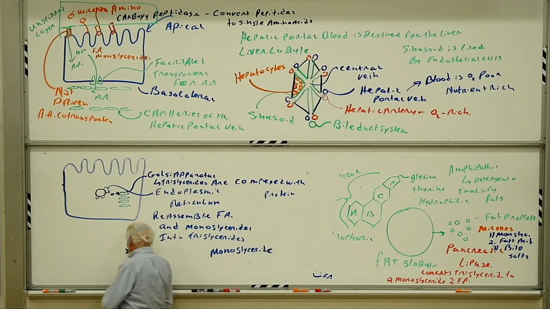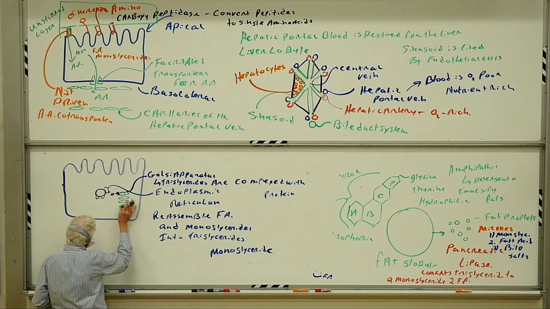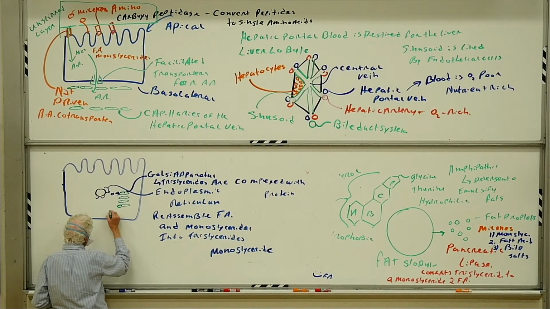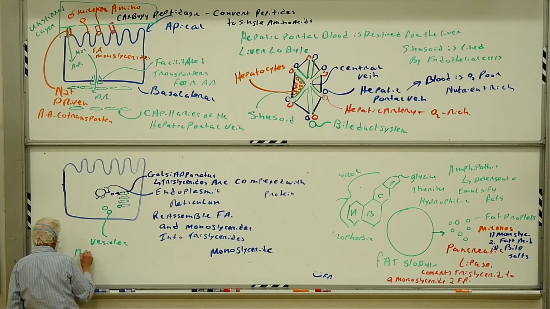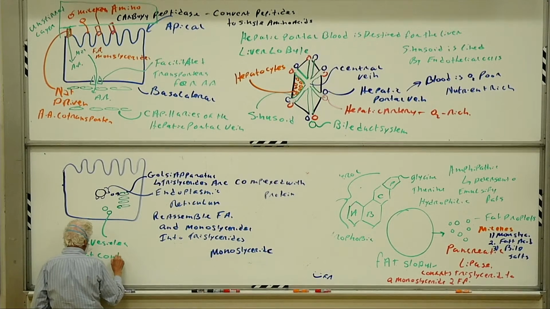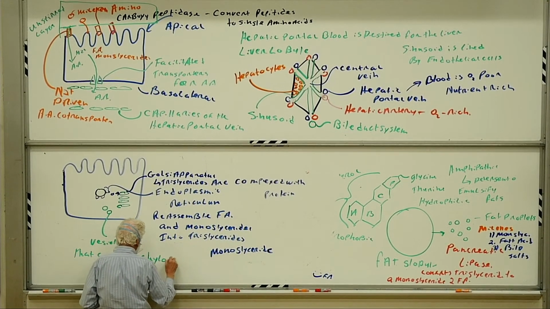And then budding off of the Golgi stacks will be these structures, which are vesicles that contain something called chylomicrons.